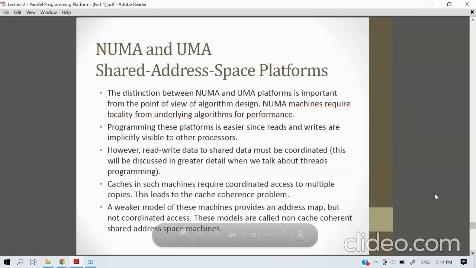Okay. Next one, the explanation on NUMA and UMA. The distinction between NUMA and UMA is actually from the view of algorithm design. NUMA machines require locality from the underlying algorithm for performance. That's why we looked at the diagram just now: NUMA consists of local memory.